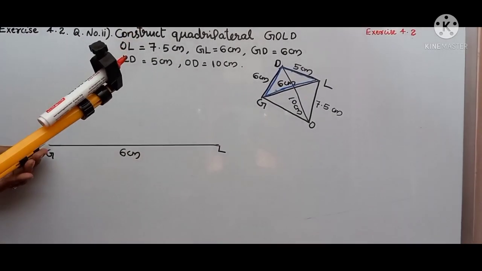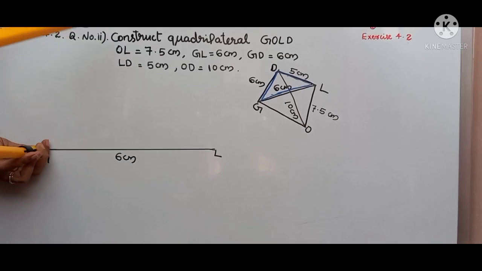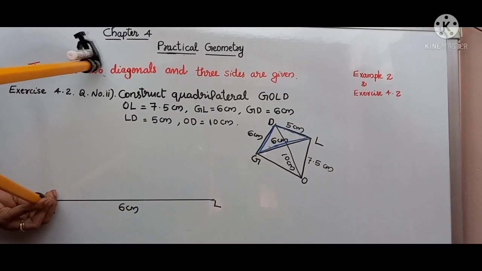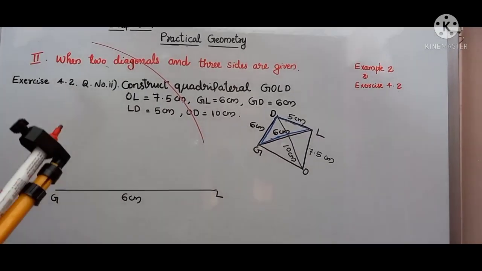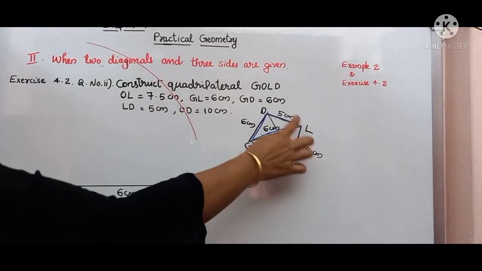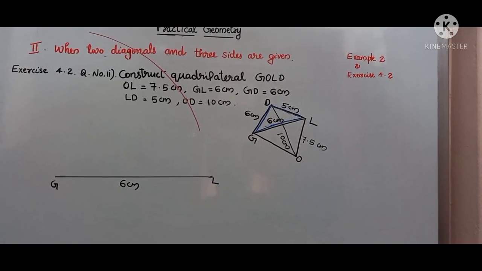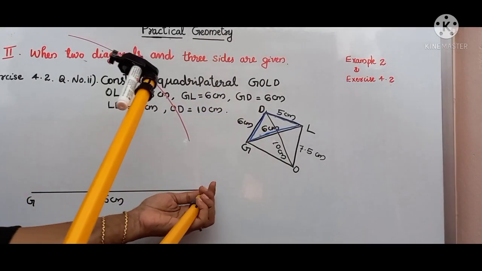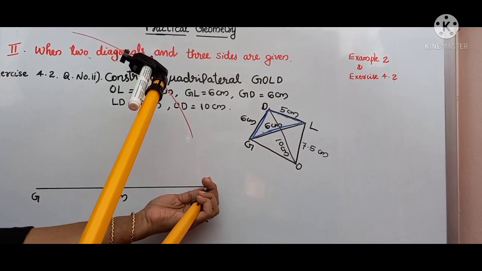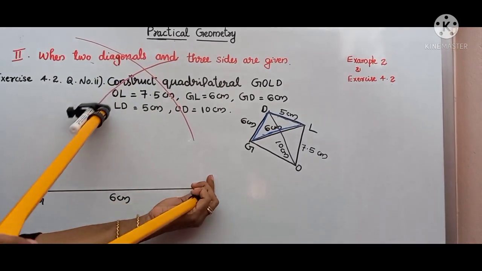So pointing on G, draw an arc on the top of this. We have drawn that arc here like this way you have to do. Then from L 5 centimeter distance, adjust your compass width 5 centimeter, and pointing on L, we are drawing another arc like this way.